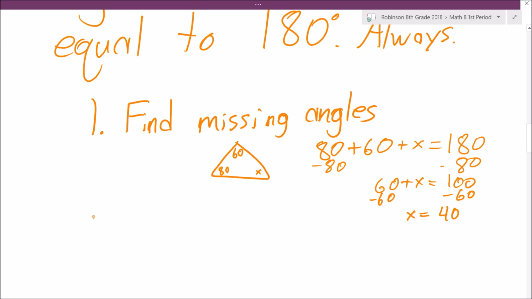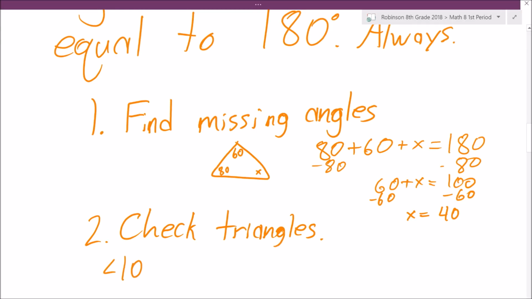The other way we can use it is to check triangles. Okay? To check to see if something is a triangle. So if I give you the angles 100, 60 degrees, and an angle that is 50 degrees, I can say, is this a triangle?